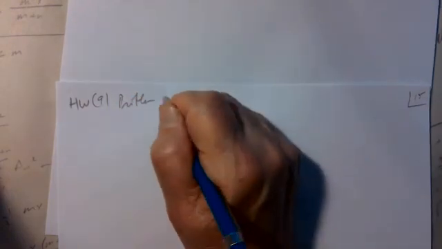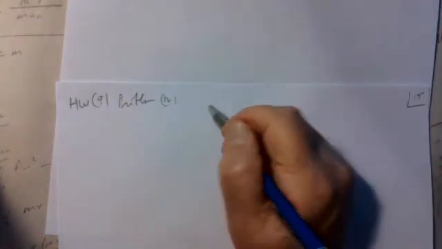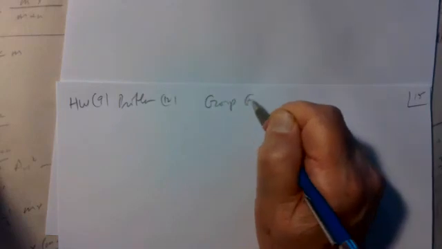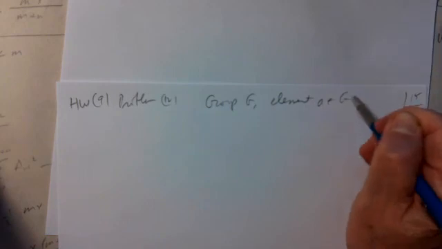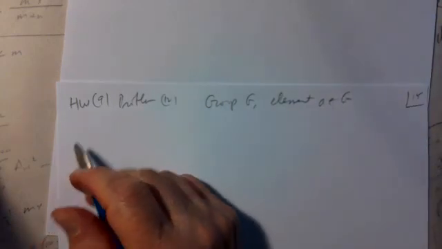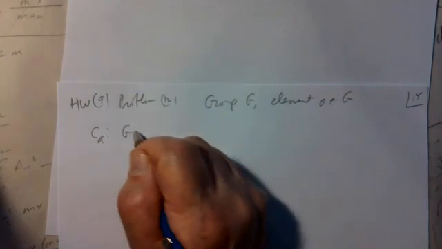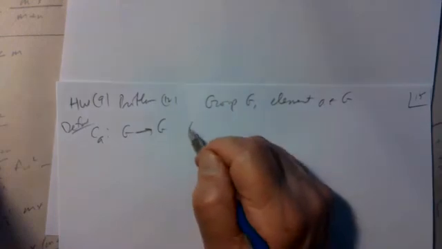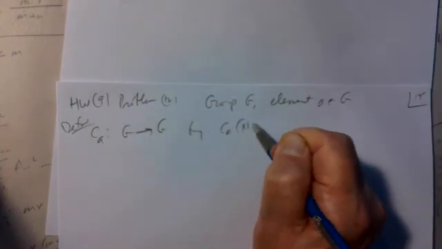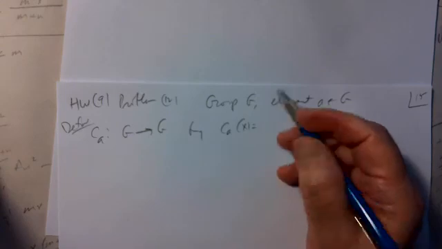Alright, well, let's see. So this is still homework 9. Let's look at problem 12. So we have a group G, an element A in the group, and you define a function, I'll call it C sub A, from G to G, by C sub A of X is AXA inverse.